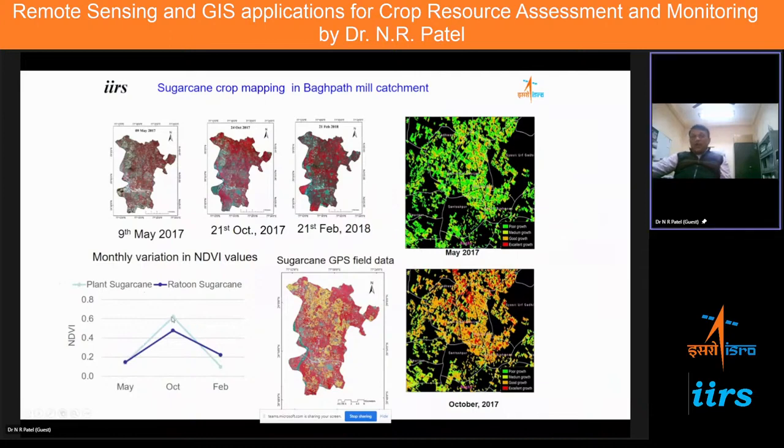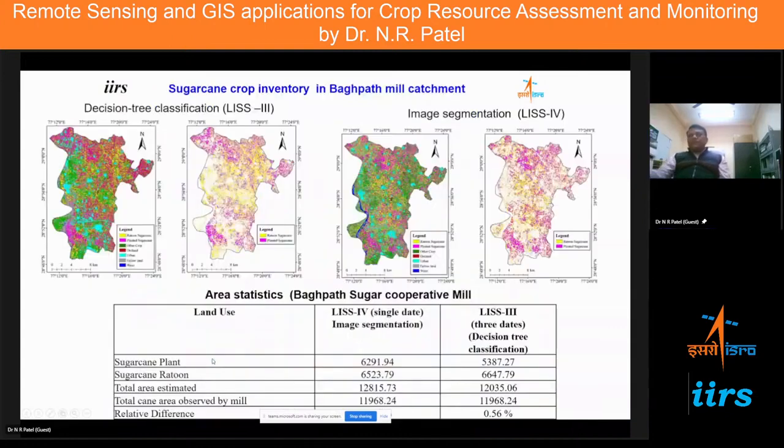Here you can see this is planted, and here it is harvested by February. Here you see growth is higher, but here growth is very less and also harvested a little later, but this one is harvested first. Now you see, based on the decision tree classifier, we have classified.